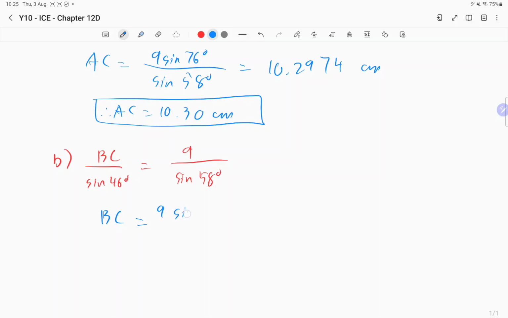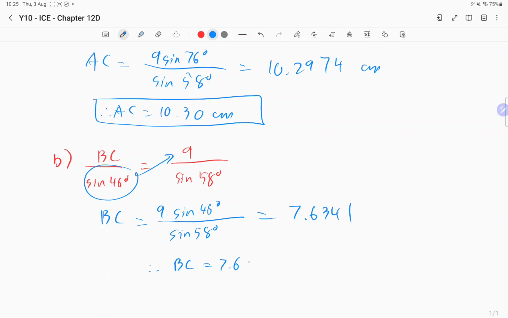BC would be 9 times sine 46 degrees, times that across, and sine of 58 at the bottom. Punch that into the calculator, and you will get 7.6341. So the answer BC to 2 decimal places will be 7.63 centimeters.